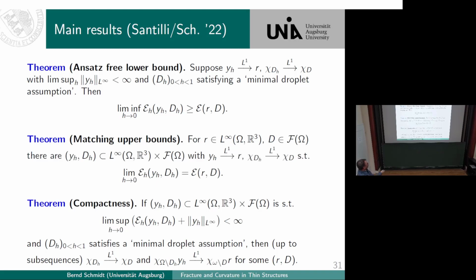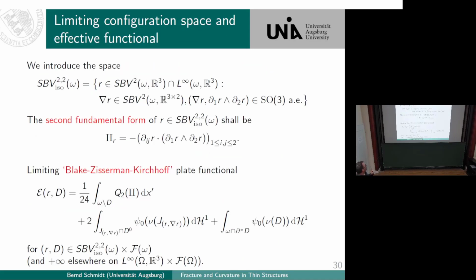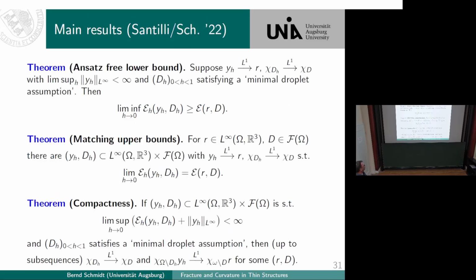It only converges outside the voids. So this y_h converges to this limiting R, but only outside. But that is not a problem, because if you look back, this energy doesn't care what is inside the voids, right? So this is the right notion of convergence. We do not need convergence inside the voids.